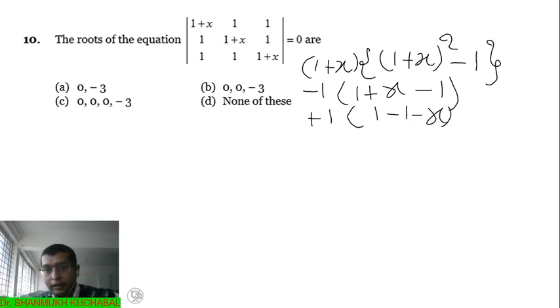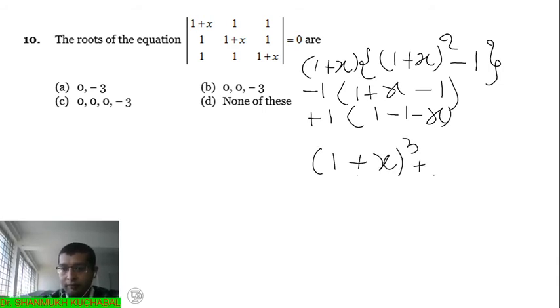Okay, here we observe that 1 plus x into 1 plus x square, it is 1 plus x cube. Some numbers will be there equal to 0. It is a cube, means there will be how many solutions? There will be 3 solutions, 1st, 2nd, 3rd here.